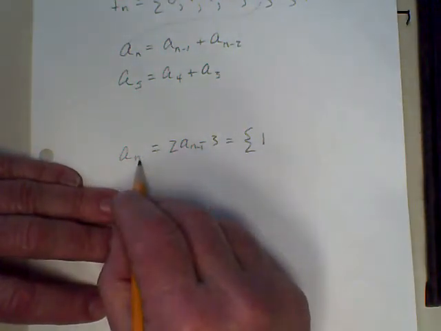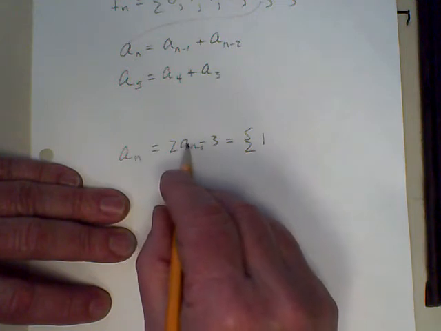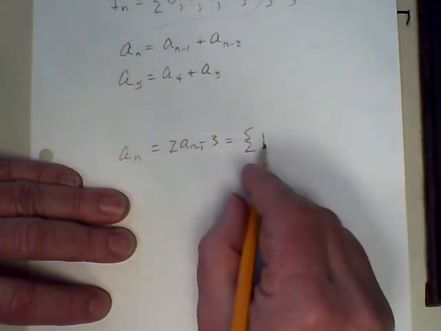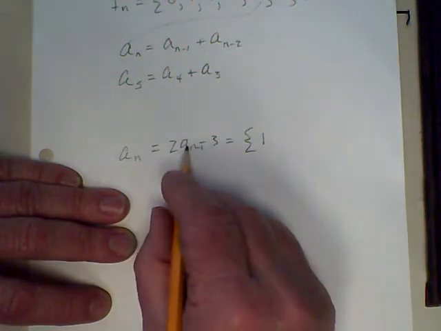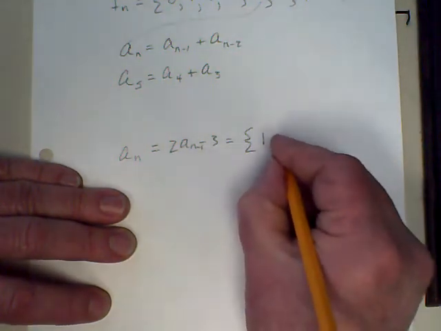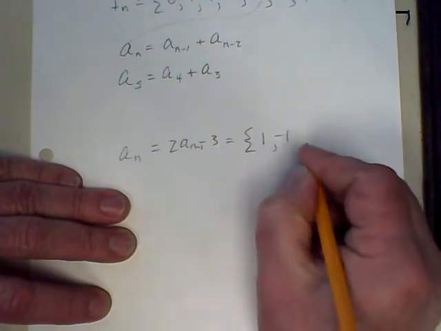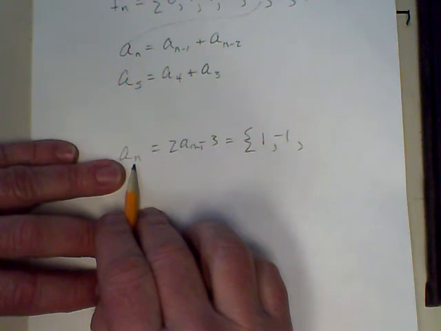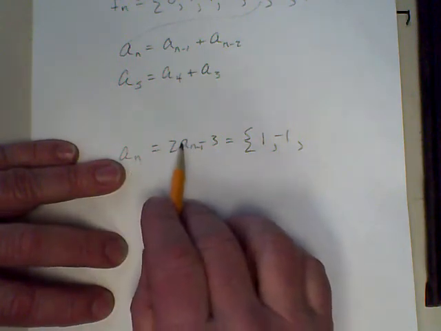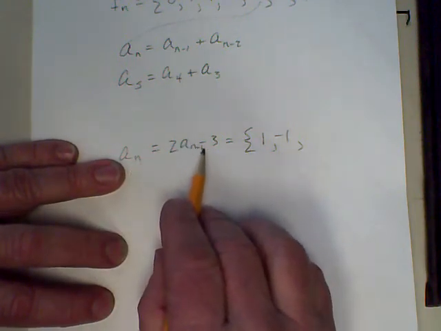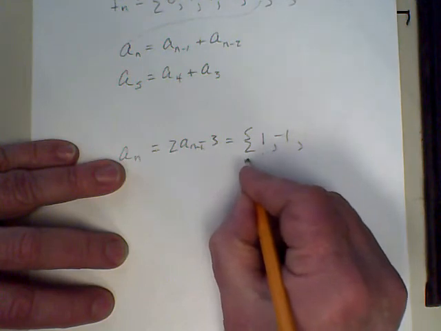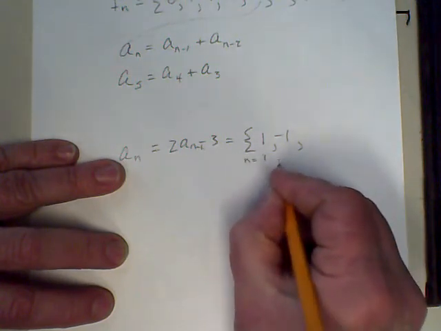So when n is equal to 2, we have 2 times a sub 2 minus 1. So the term before it, that's 1. So 2 times 1, 2 minus 3, negative 1. Alright, so now the next term. I'm sorry, this is n equals 1. This is n equals 2.